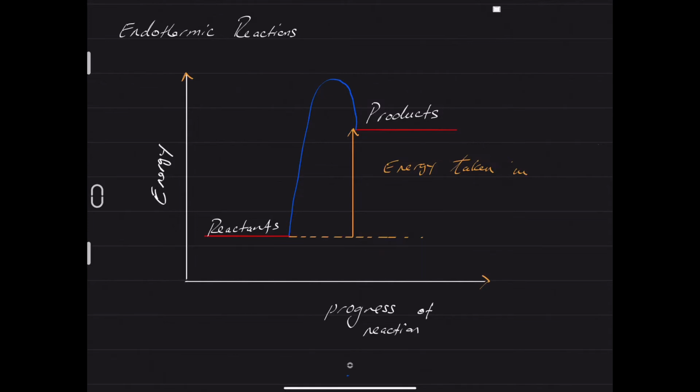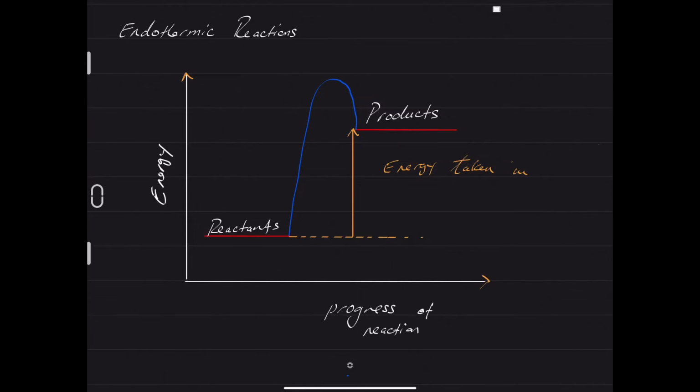Essentially, you can also phrase it another way: you can say that here the products are at a higher energy level than the reactants. So as the reactants react to form products, energy is transferred from the surroundings to the reaction mixture. The temperature of the surroundings decreases as energy is taken in during the reaction.